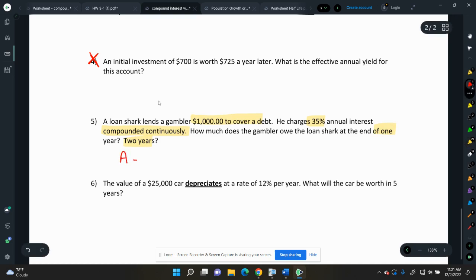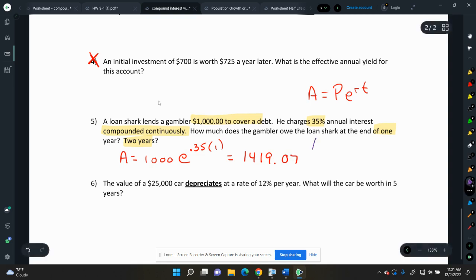So the amount is 1,000, right? A equals PERT. Okay, 1,000 times e to the 0.35. And for 1 year, we're going to make that a 1. So this comes out to 1419.07.